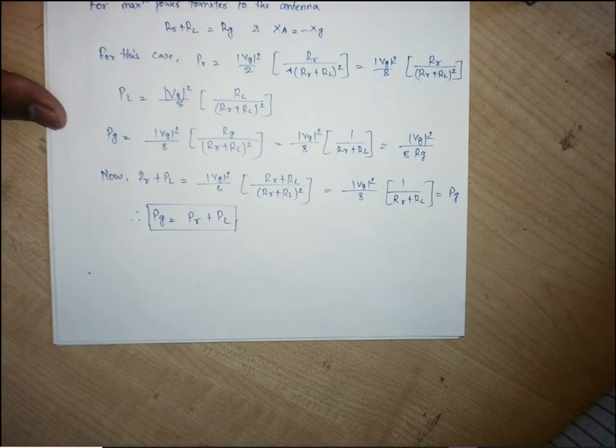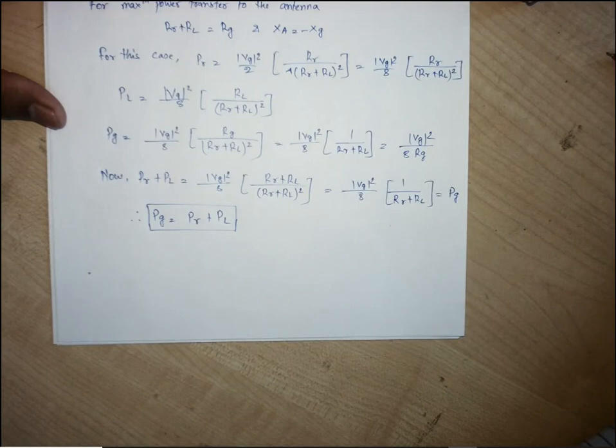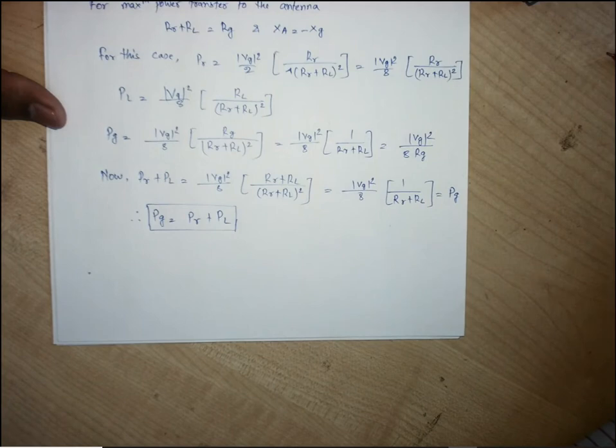Now consider the total power under the matching condition. The total power delivered to the load, where the load here is the antenna, or the power coming out of the source, is voltage into current, and that is only possible under the conjugate matching condition.